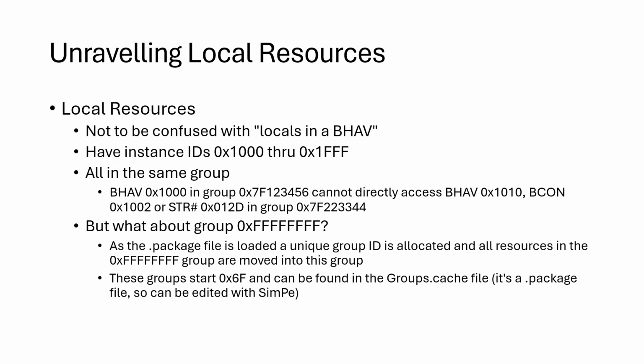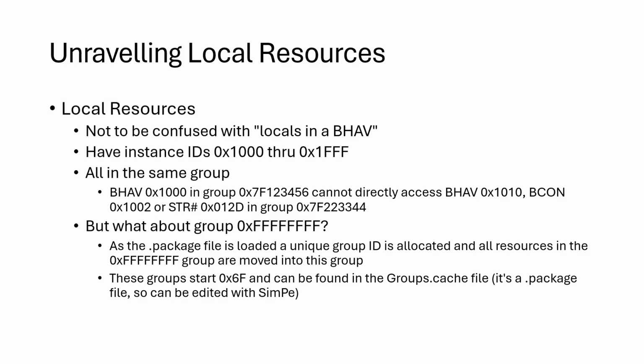They are your BHAVs, your BCONs, slots, tables, menu items, T-tabs. What they have in common is they all have instance IDs in the hex 1000 range, so 1000 through to 1FFF, and that's what makes it local.